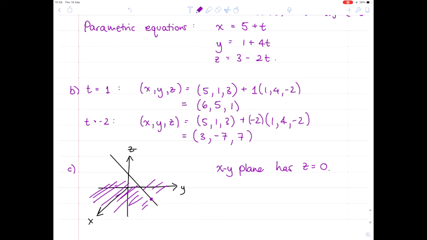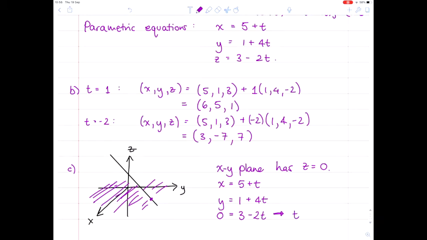So if we use, for example, our parametric equations, we know that x is equal to 5 plus t. That's not super helpful. y is equal to 1 plus 4t. But now for our parametric equation for z, we must have that 0 is equal to 3 minus 2t, and this gives us a way of calculating t.